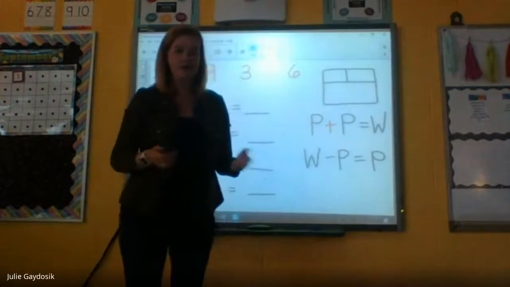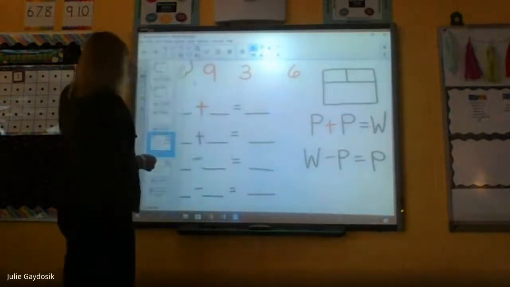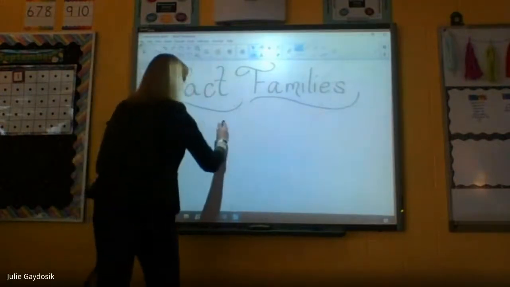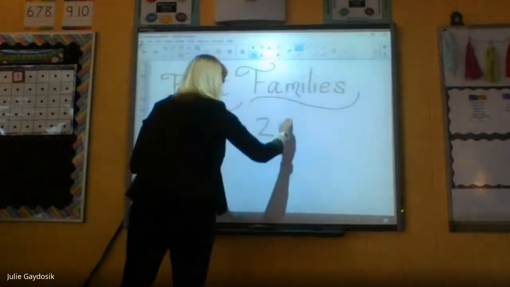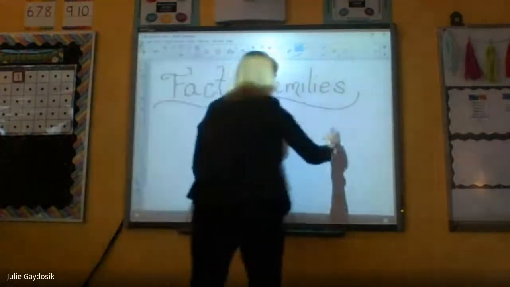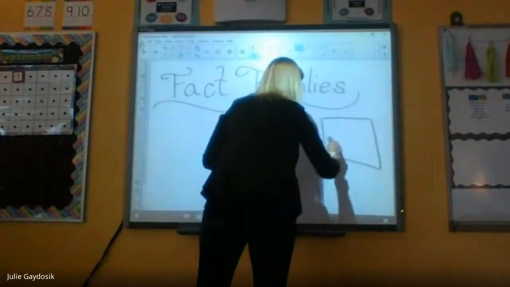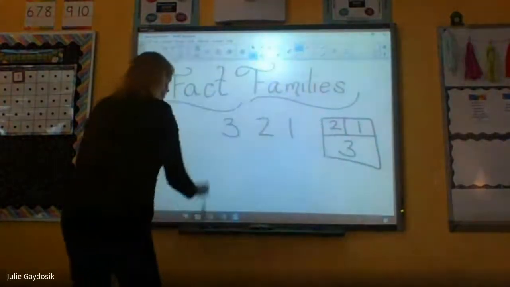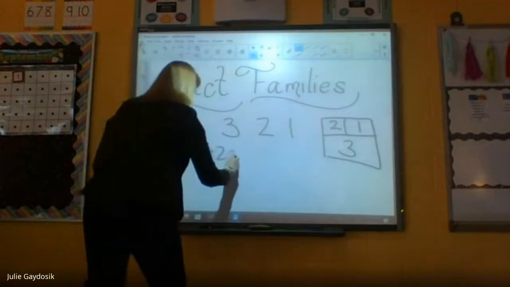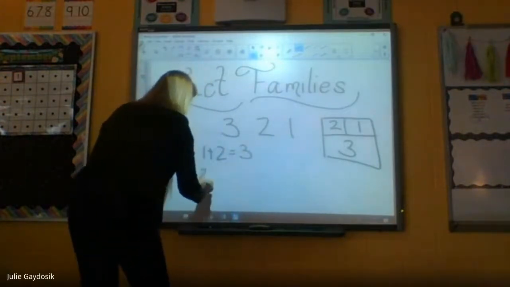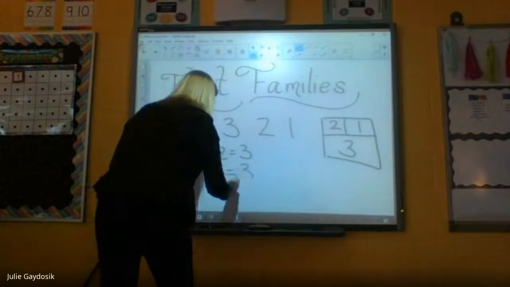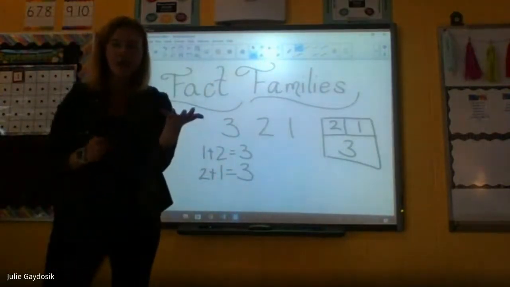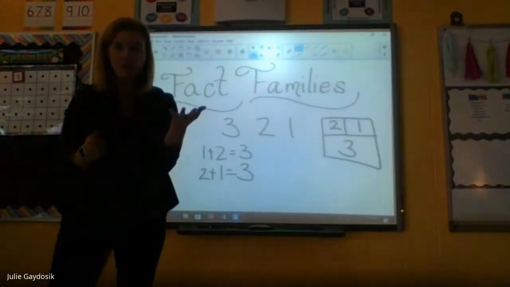Because if you think about it, okay, before I even do this, I'm going to go back to this page. If my numbers were 3, 2, and 1, I would know that 2 and 1 are my parts and 3 is my whole. One of my equations would be 1 plus 2 equals 3. The other one would be 2 plus 1 equals 3. But question, can I have 2 objects and take away 1 object and get 3?